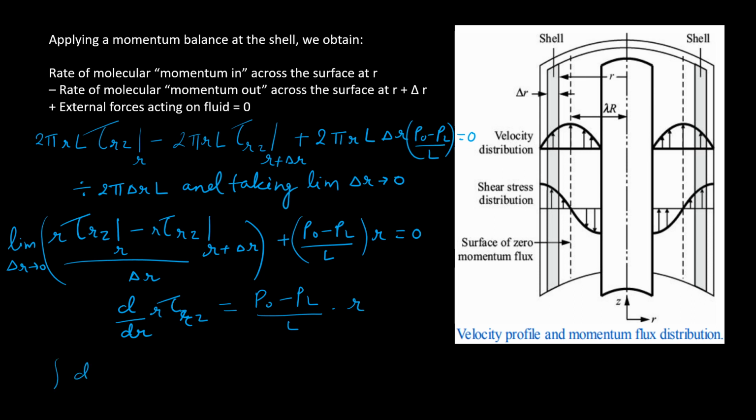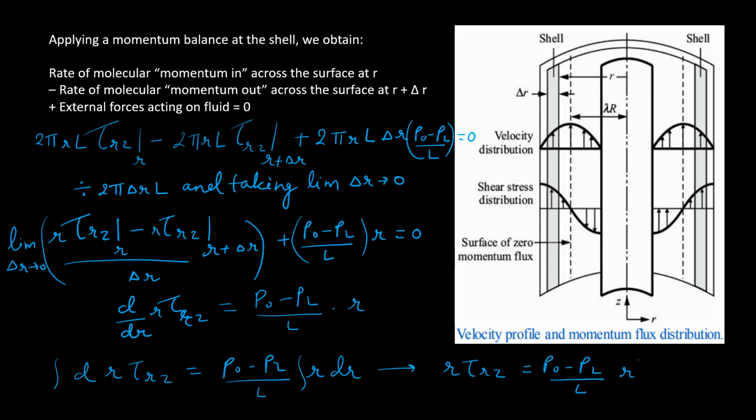So on integration, I got r τrz equals (P0 minus PL)/L times r²/2 plus C1. To find the value of C1, we need to use the boundary condition.